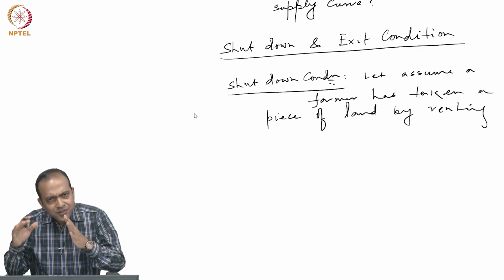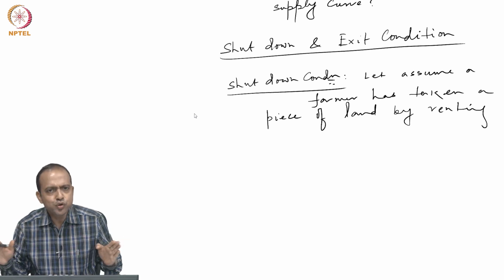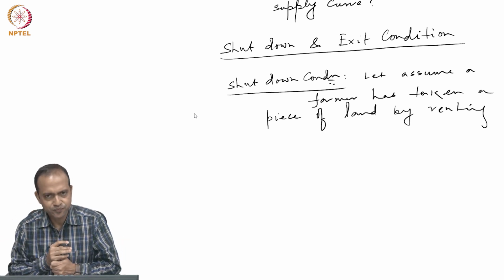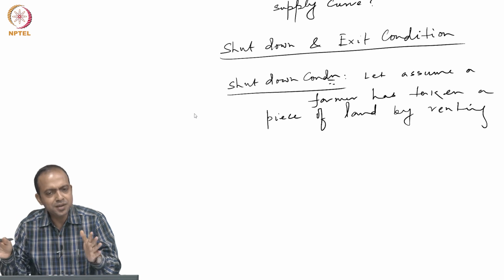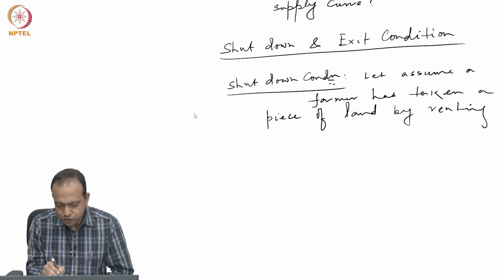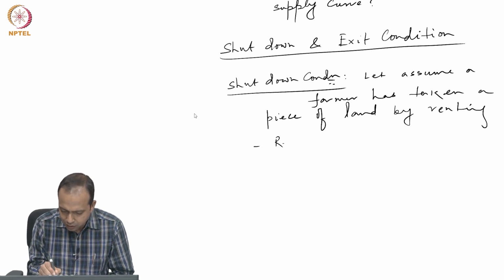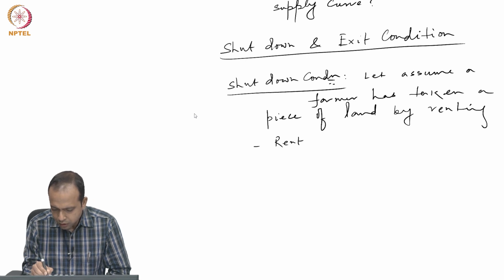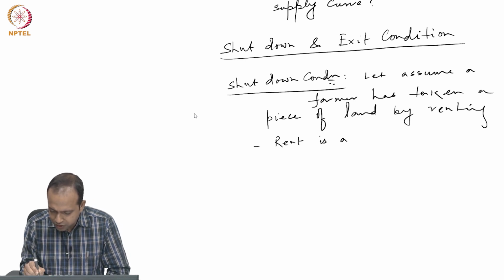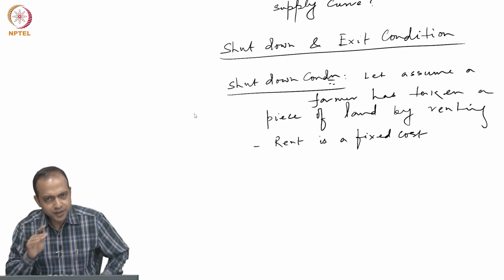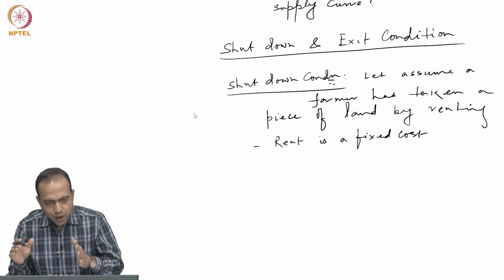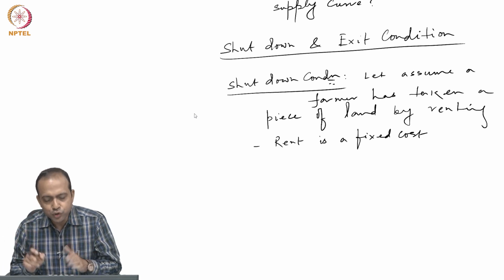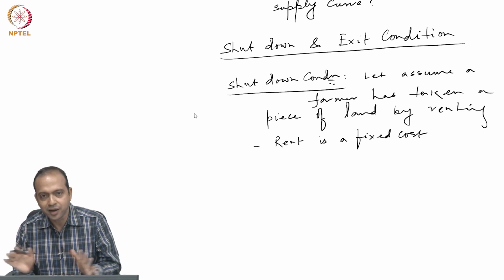So, that means even if the farmer does not produce anything in that land, the farmer must give rent. So, rent is a fixed cost then. Rent is a fixed cost. Whether you produce or do not produce, you have to pay the rent.